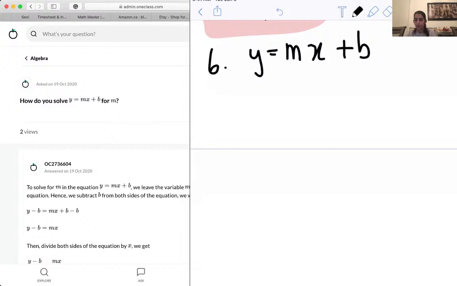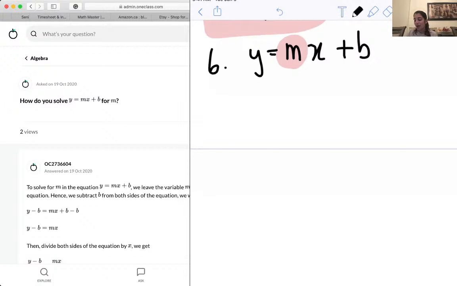By isolating, what they mean is the variable that they want, which is m in this case, has to be alone on one side of the equation, either the right side of the equals or the left side, but it has to be alone. So the easiest thing to get rid of is b, because it's easy to get rid of.